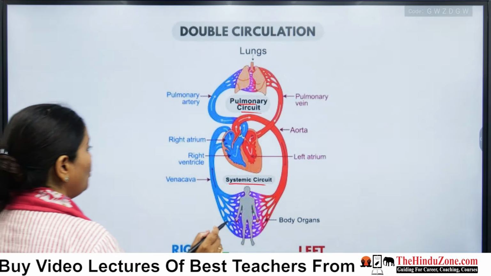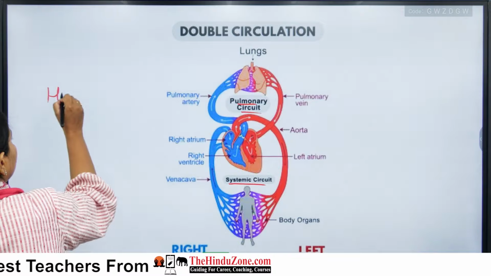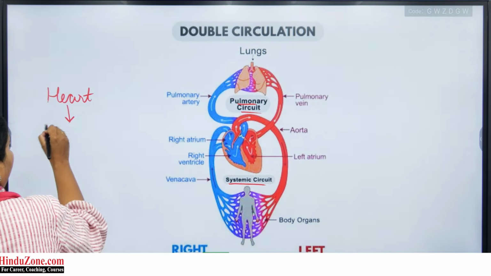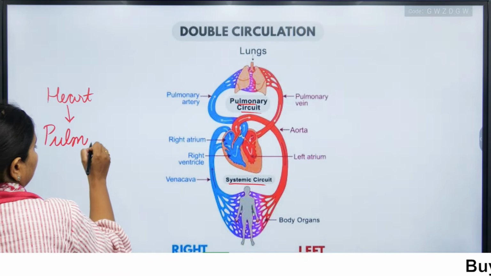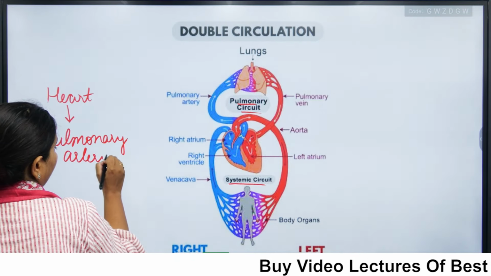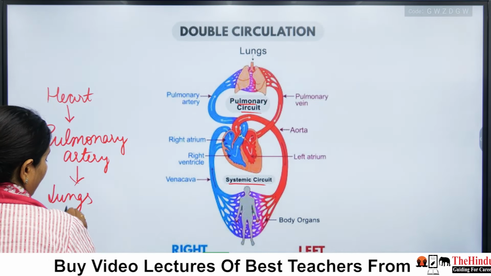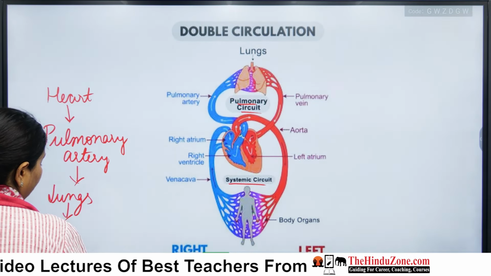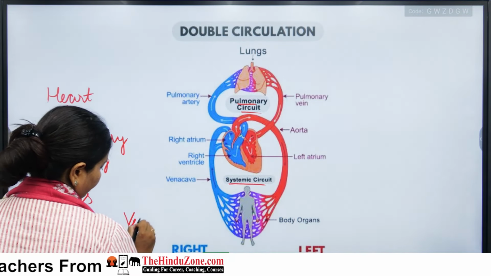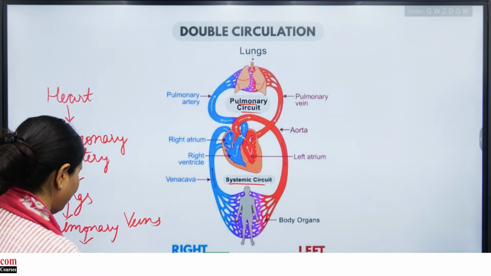See, when there is blood transfusion from the heart to the pulmonary artery, then pulmonary artery to the lungs, and then lungs to the pulmonary veins, and again back to the heart, right?